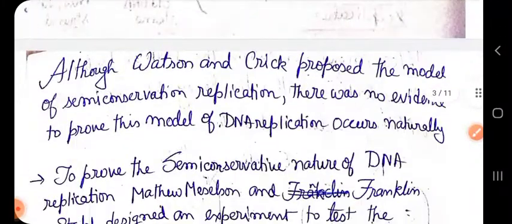So although Watson and Crick proposed that DNA always replicates in a semi-conservative manner, with one parental strand, just like this.